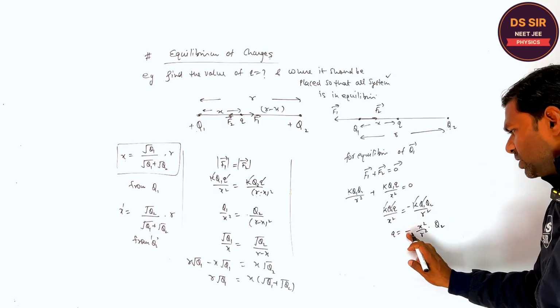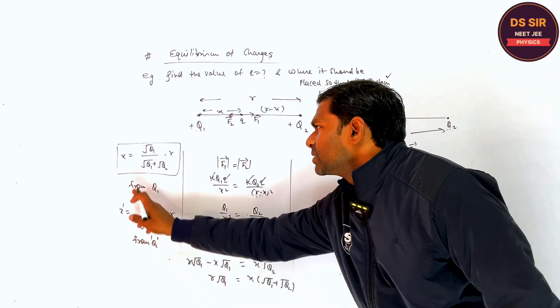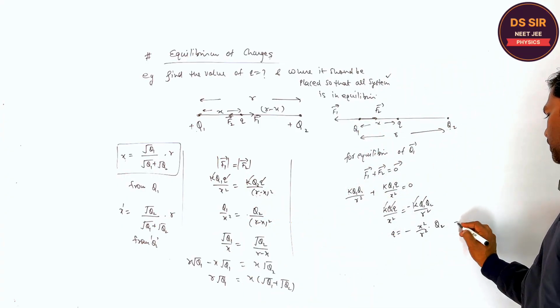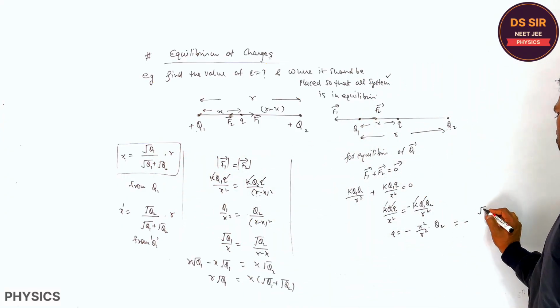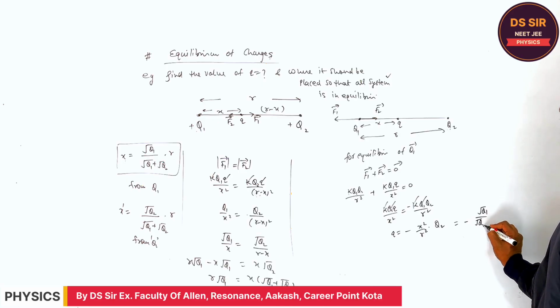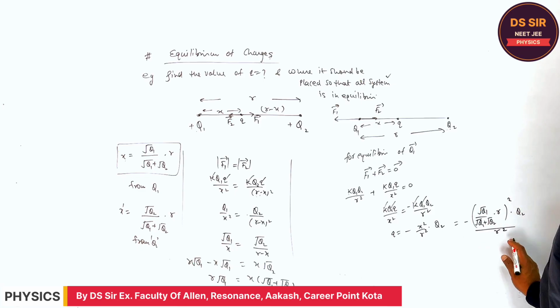So the charge is negative sign, it is coming on its own, and the value of x I can put from here: minus x, this is root Q1 upon root Q1 plus root Q2 into R, whole square, into Q2 divided by R square.